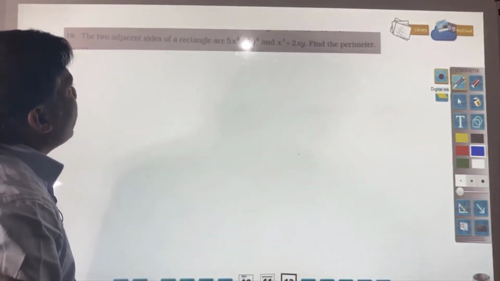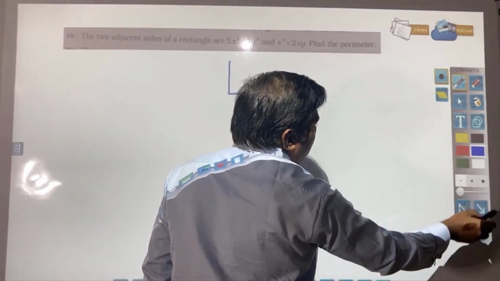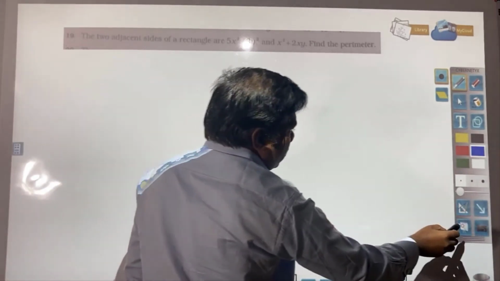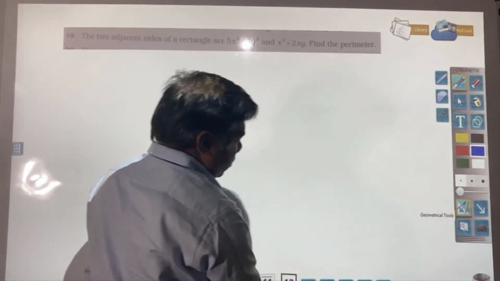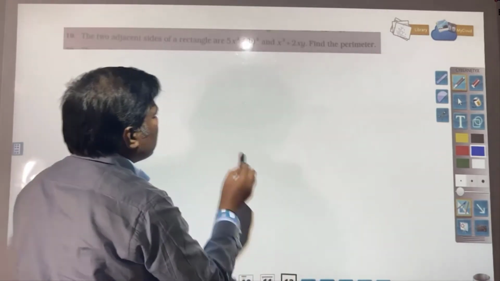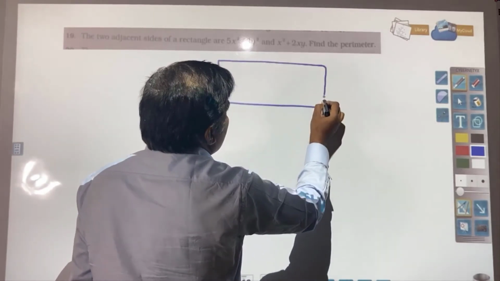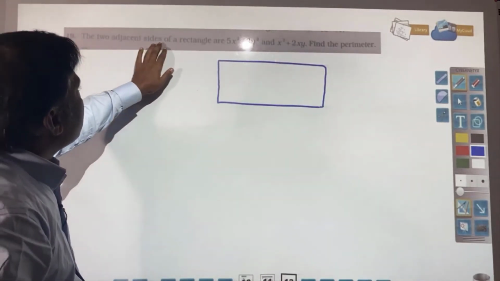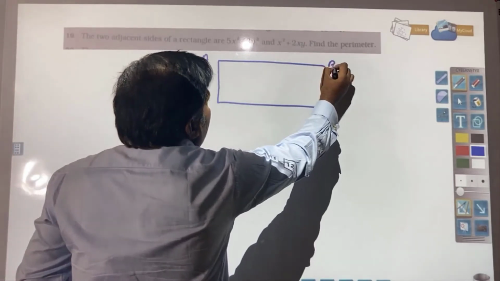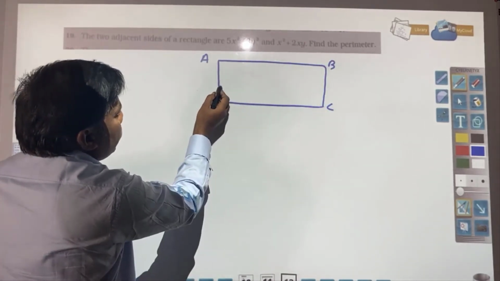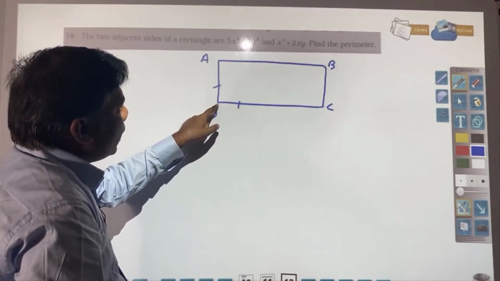Two adjacent sides of a rectangle. Suppose this is your rectangle, A, B, C, D. Adjacent sides are the sides that meet at a vertex.